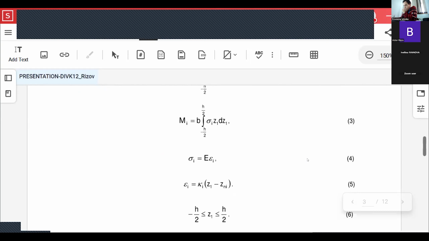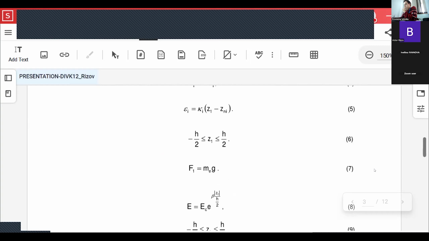In this formula, E is the modulus of elasticity. The strain is estimated by applying equation number 5. The axial force and the bending moment in equations 2 and 3 are generated by force F1. The latter is estimated by using equation number 7.